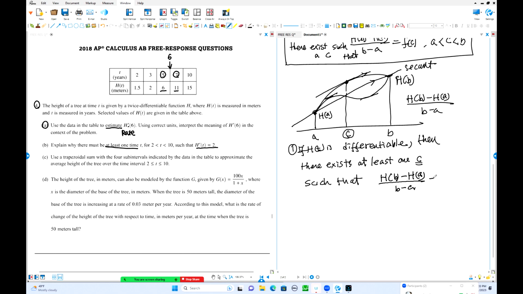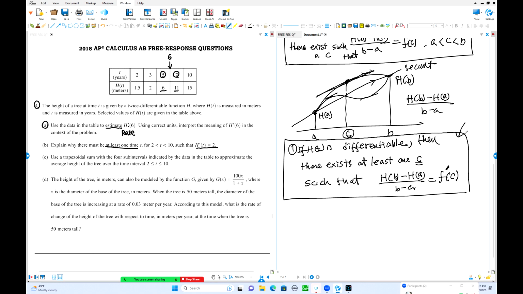That's the slope, which is the same slope as at some value of c there, the derivative, the slope of the tangent. That is the mean value theorem. Maybe you better memorize this one, okay?